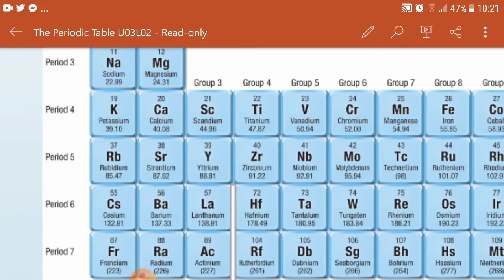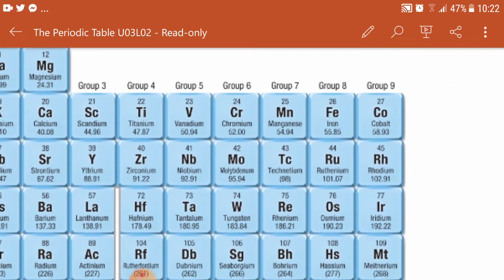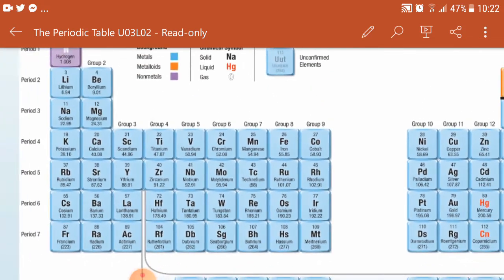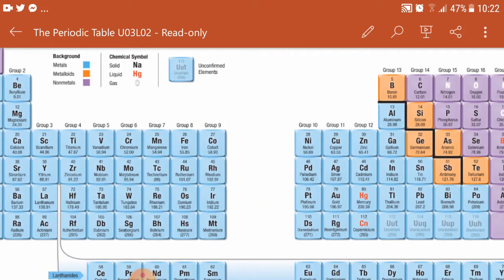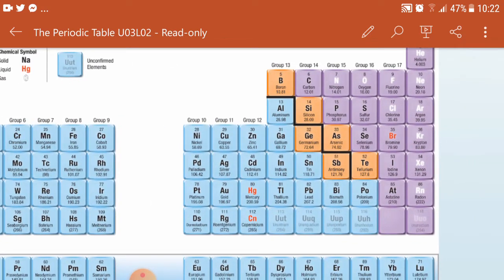That means the density should increase, but actually the density increases from left to the middle. The middle of the periodic table is the densest. But to the right, again the density will decrease. Why?